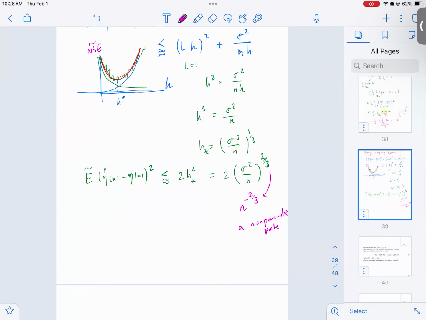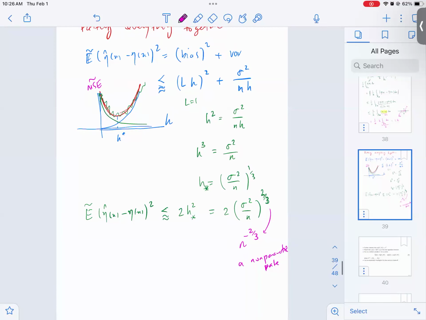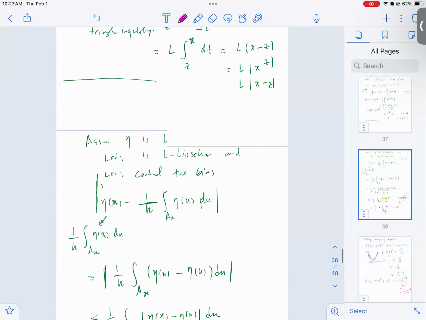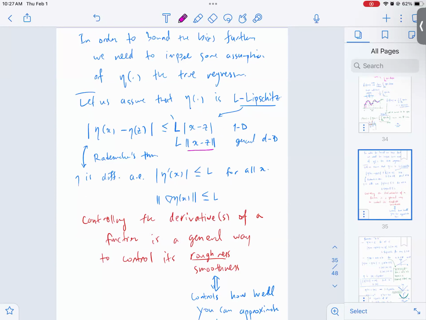If you do the D-dimensional case, by the hand-waving argument that I did, this part would be of the same order. Depending on what kind of Lipschitz you are, if you're working with a D-dimensional cube, let's say a uniform D-dimensional cube, the point is I can change this norm as well.